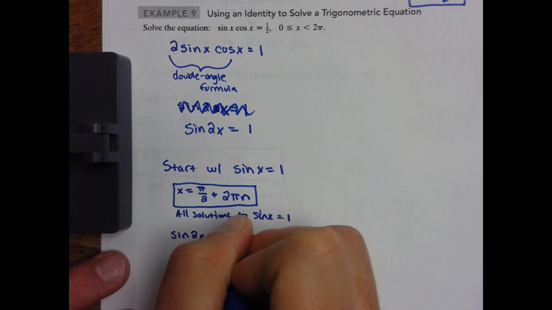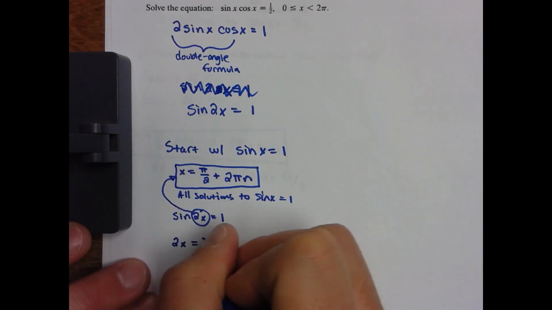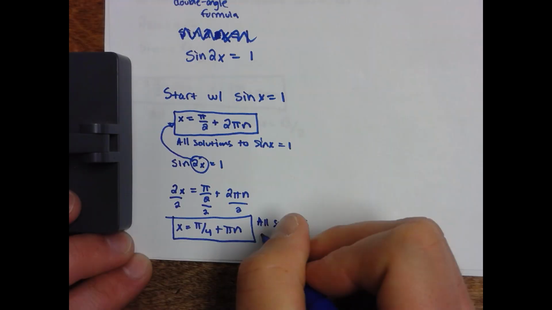So we have 2x equals pi over 2 plus 2 pi n, and then everything's going to get divided by 2. These are all solutions to sine of 2x equal to 1.